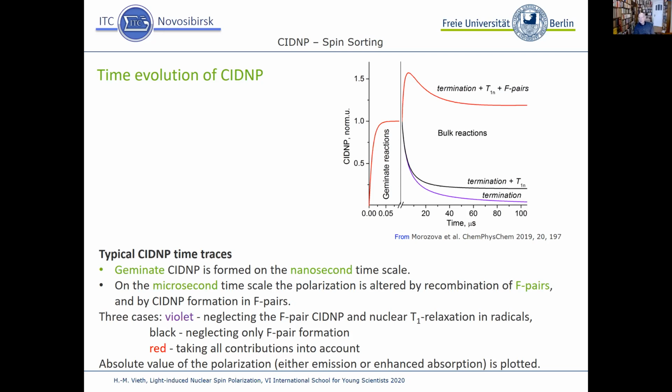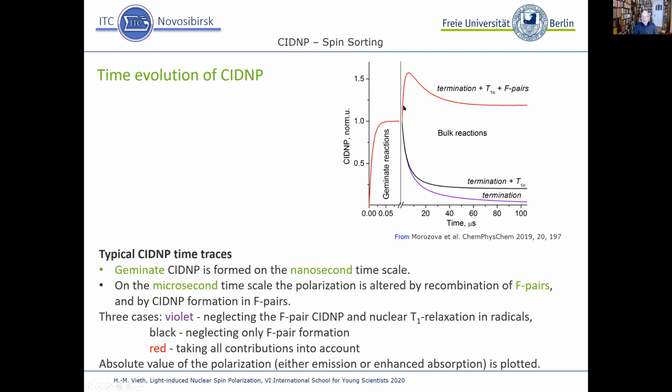New alpha, new beta spins are formed, and the CIDMP does not decay to zero because alpha and beta radicals are fully compensating each other.